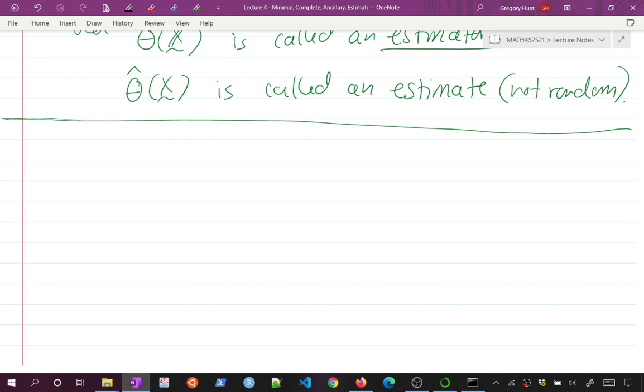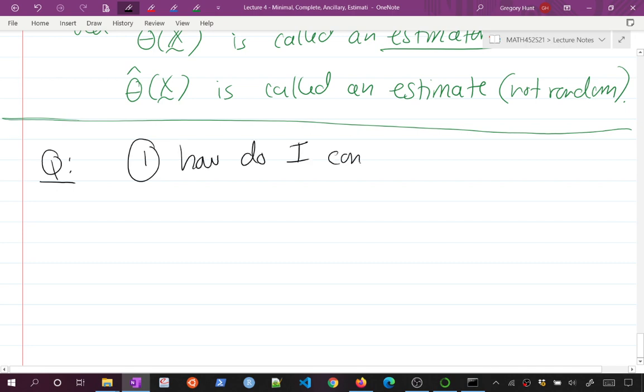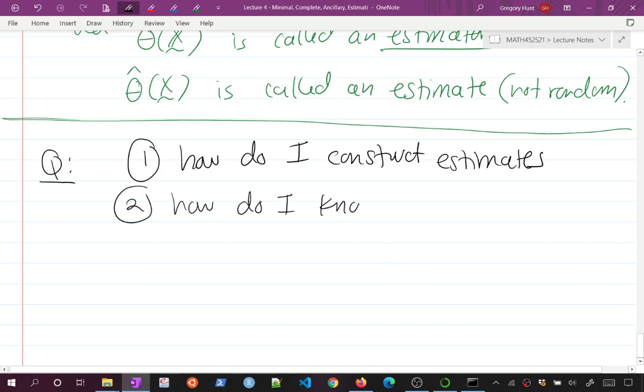So we want to answer a couple of things in this course. One is, how do I construct estimates or estimators? And two, how do I know if the estimator I construct is good? I don't know if the procedure I come up with to develop an estimator is actually a good idea.